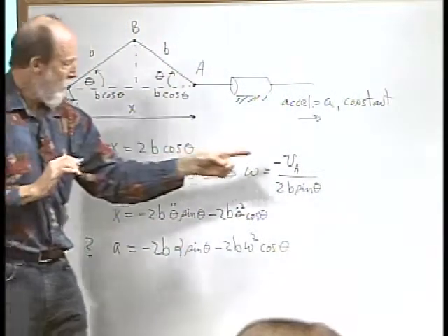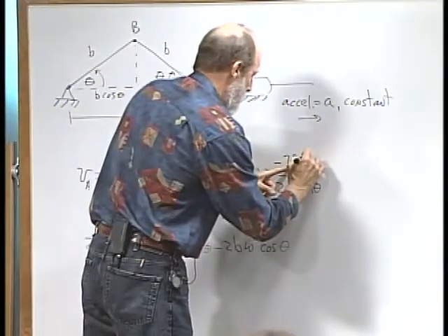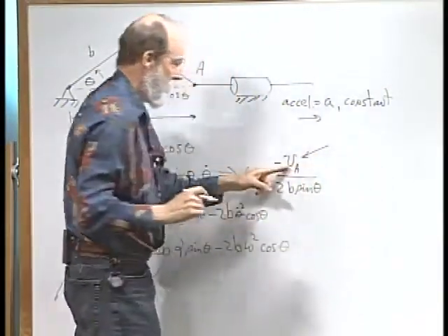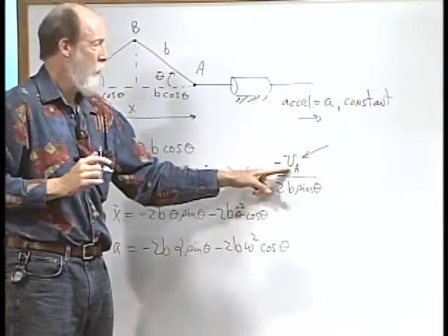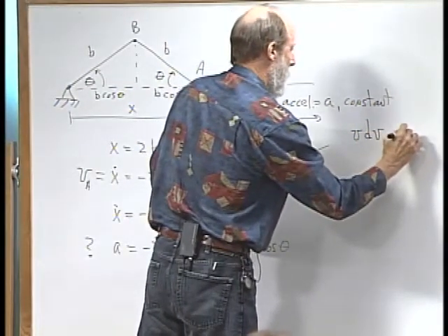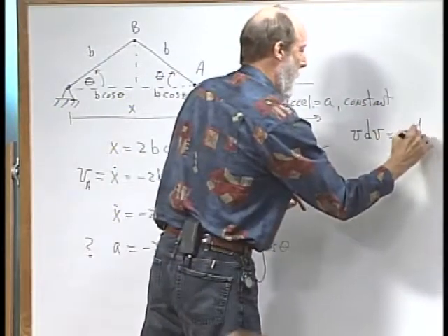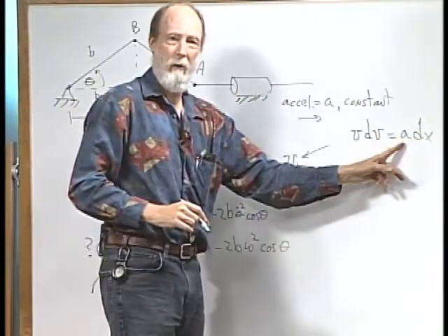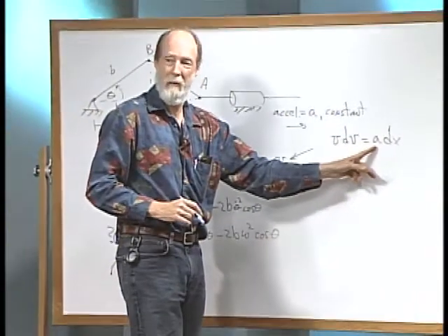So what I think might be a smart idea is to come in here and look at this velocity, and we know that v dv equals a dx, where that is constant. That was given in the problem.